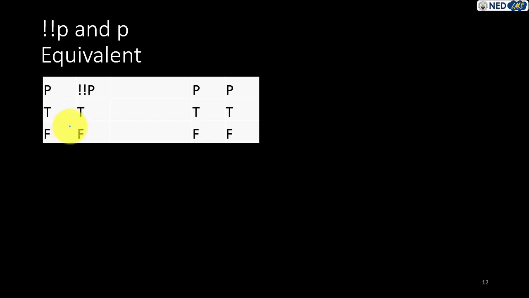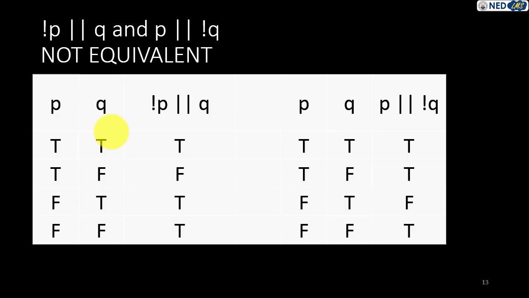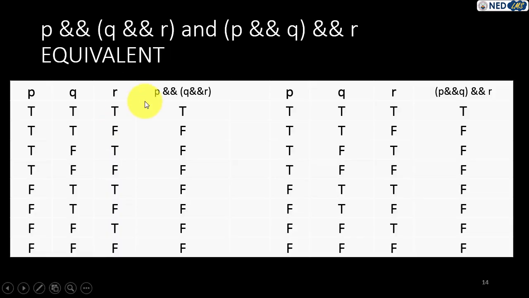Here we have just one operand, so these are actually exactly the same. If you have 3 operands, P, Q, and R, this column would alternate between true false, true false, true false, and true false. That's a way to make a table. If you look closely, it's like 0 0 0, 0 0 1, 0 1 0, 0 1 1, 1 0 0, 1 0 1, 1 1 0, and 1 1 1.